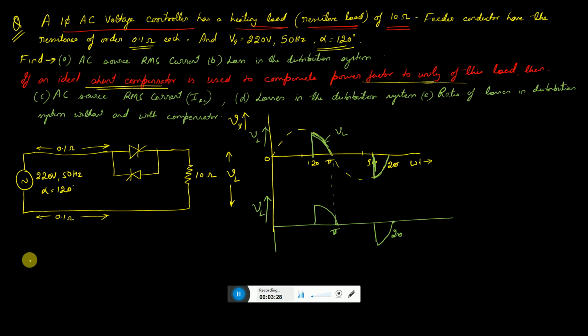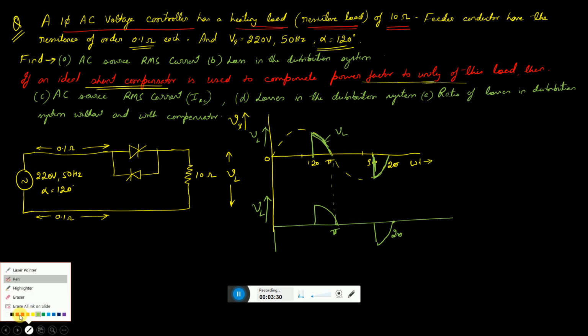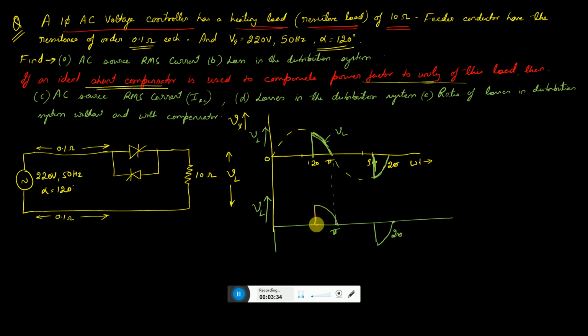Since it is a resistive load, the current waveform will be the same as the voltage waveform. This is IL, and this current is IS, so obviously IL is equal to IS.